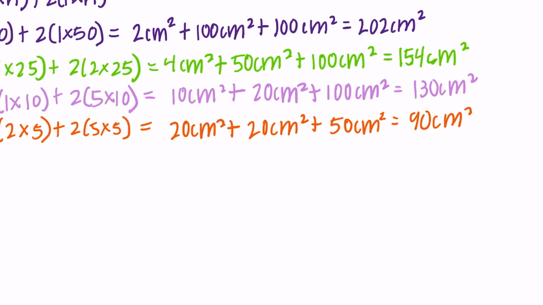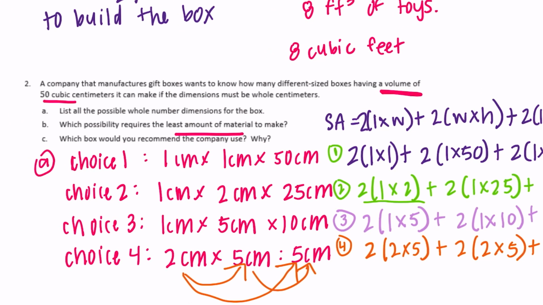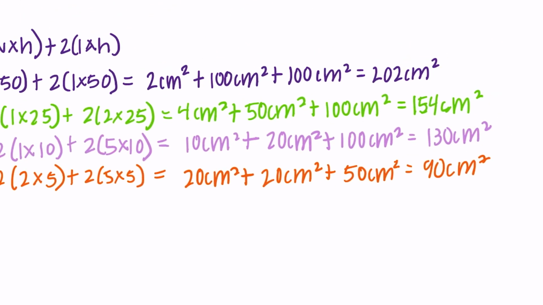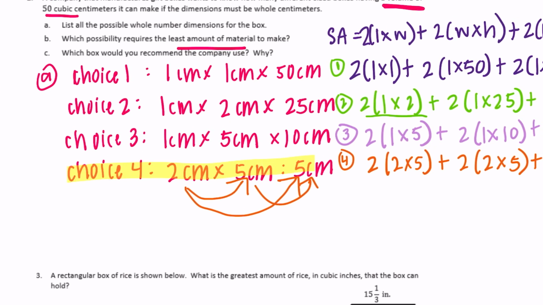Okay, let's go back and see what the question was asking again, because we have all the surface areas. Which possibility requires the least amount of material? So we're looking for the least amount of these. So that would be 90 centimeters squared. So our choice 4 requires the least amount of materials to make.